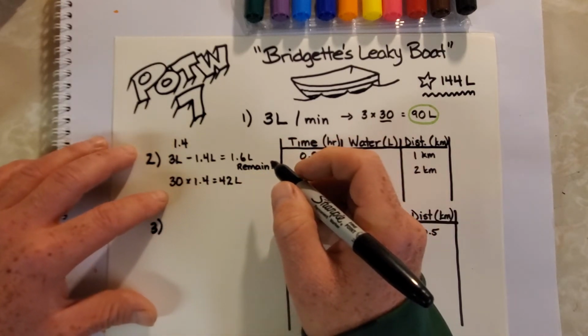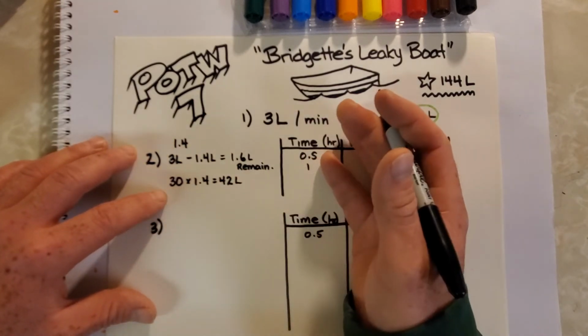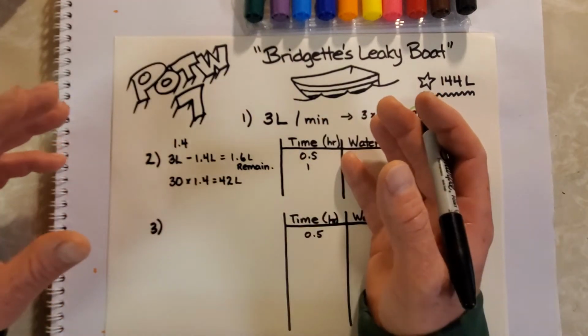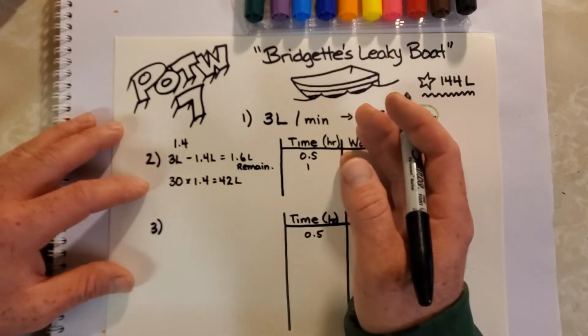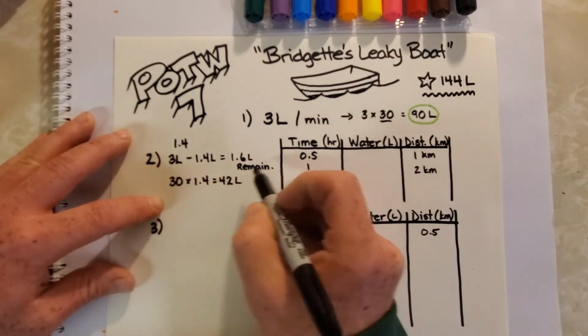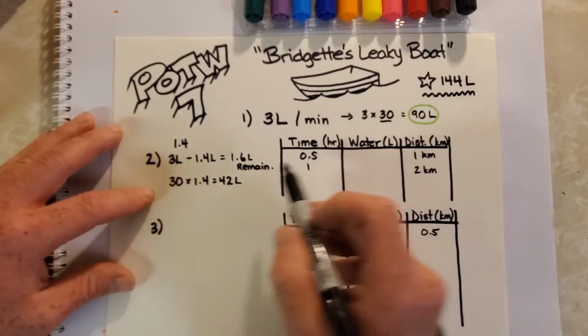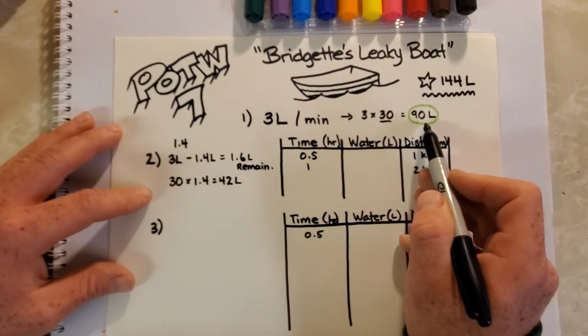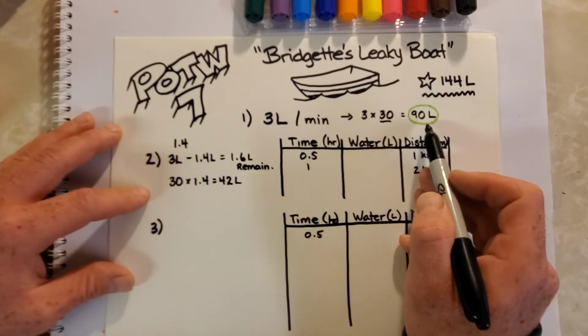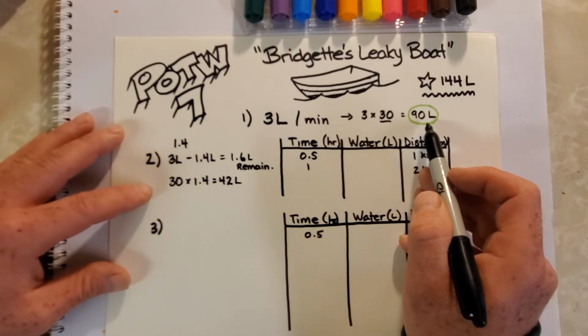That's how much she's taking out, and we still have to figure out how much still remains in the boat. So again, we use our subtraction skills. We know from before that in a 30-minute time, there'd be 90 liters of water coming in.